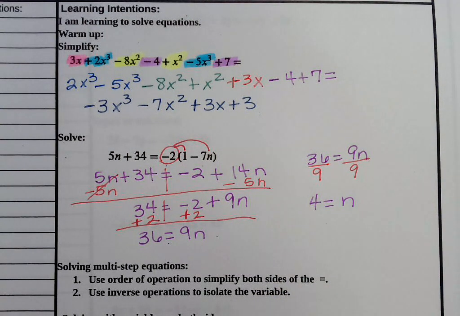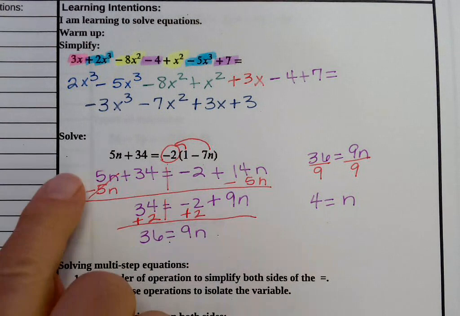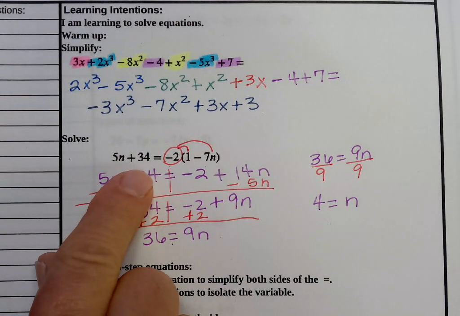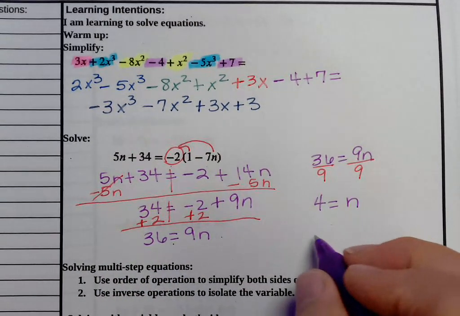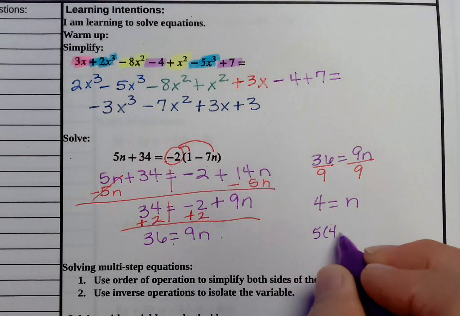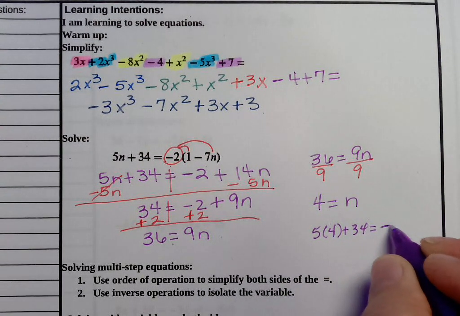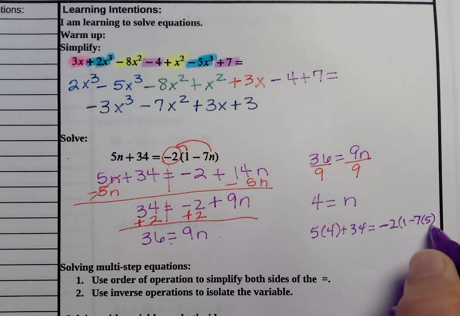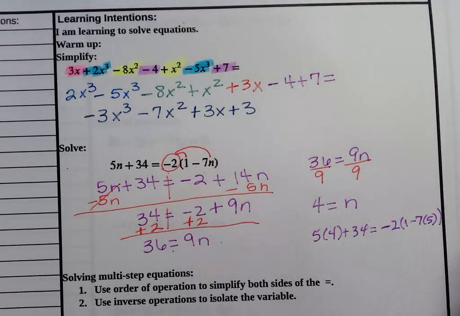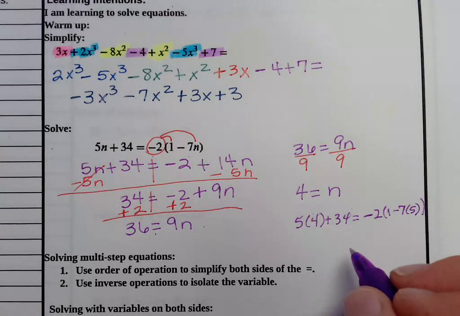Always check your work. Make sure that you've got the correct answer. So 5 times 4 is 20, plus 34 is 54. So this is 54.